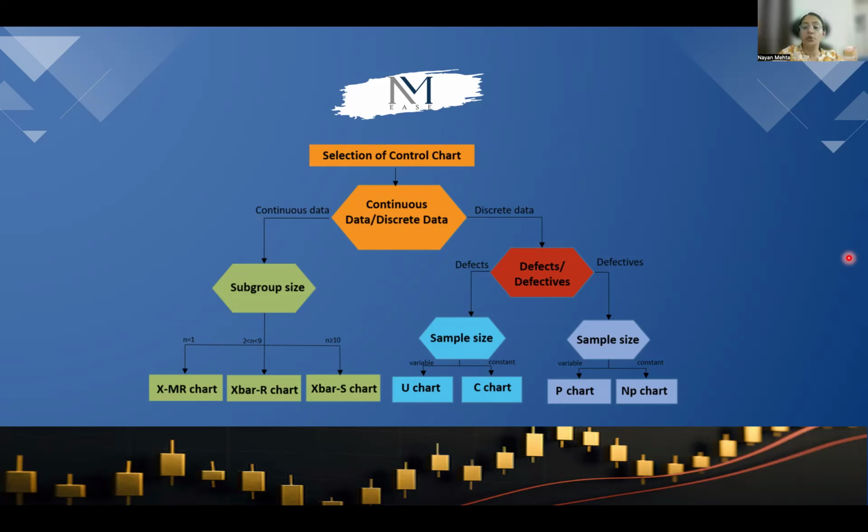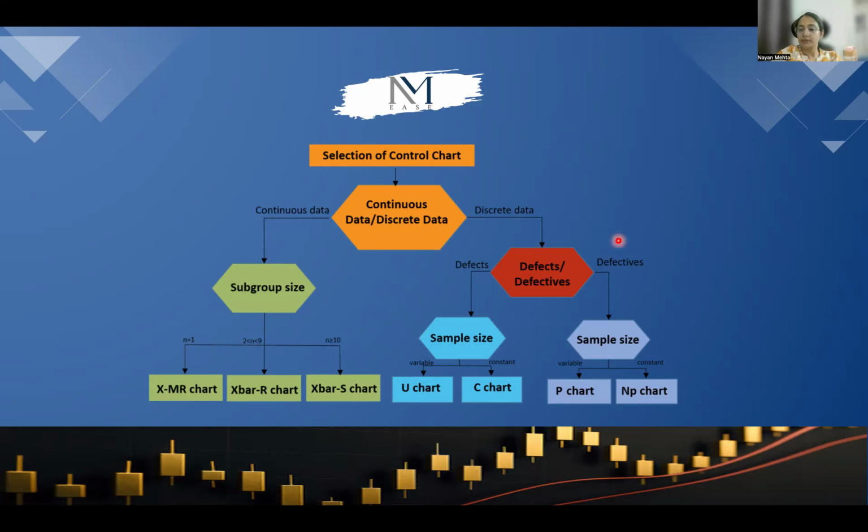Now, when you use counts of defects, you are often asking, how many problems did we find in total? Then comes the defectives, which is also classification. Classification means grouping each item as either defective or non-defective.